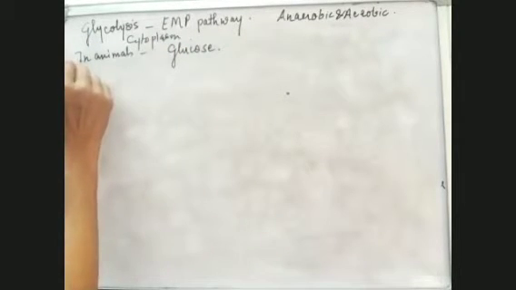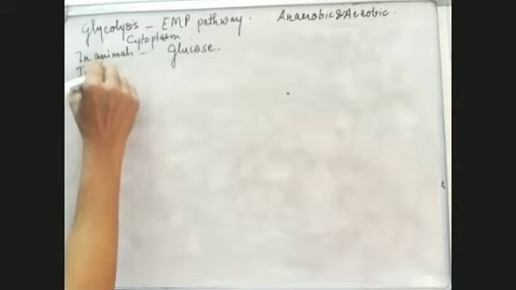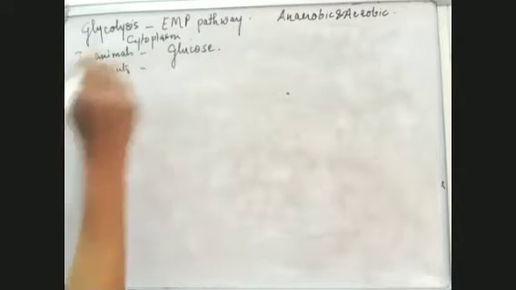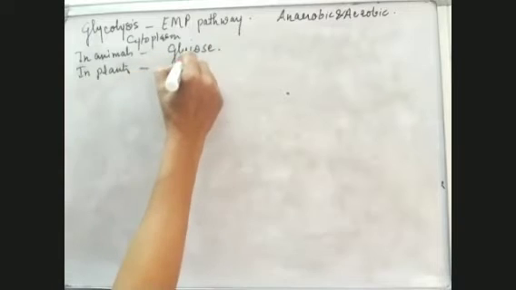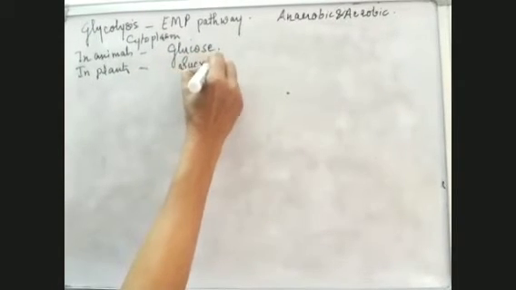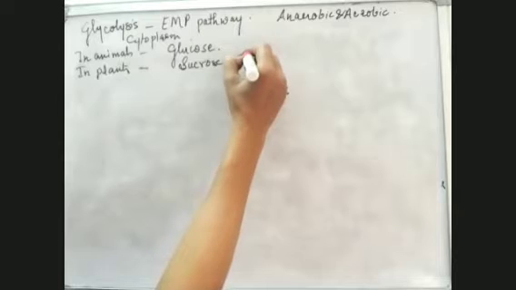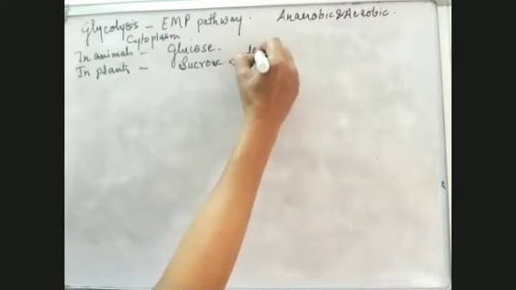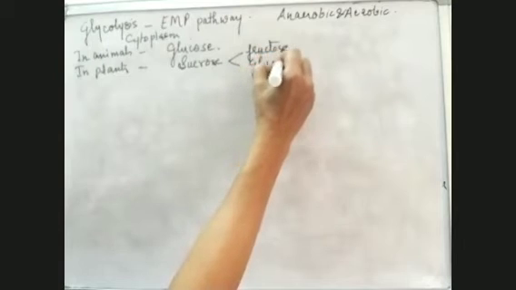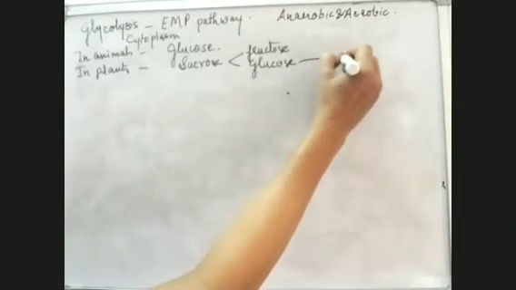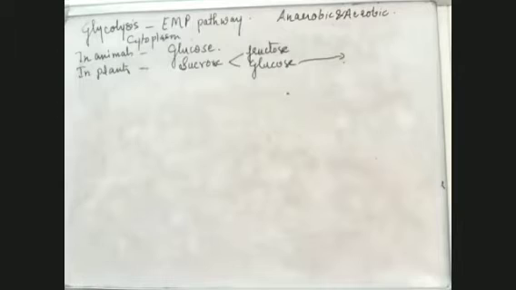But in plants, we have sucrose. And this sucrose is further broken down into fructose and glucose. And this glucose undergoes the process of glycolysis.